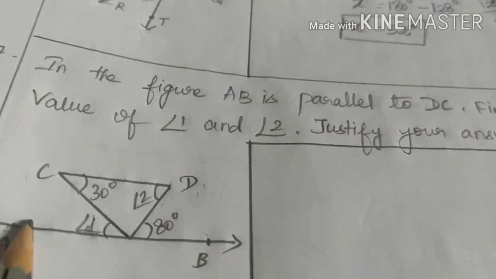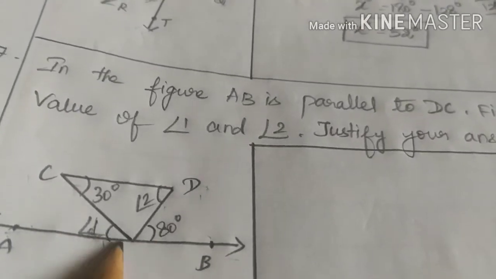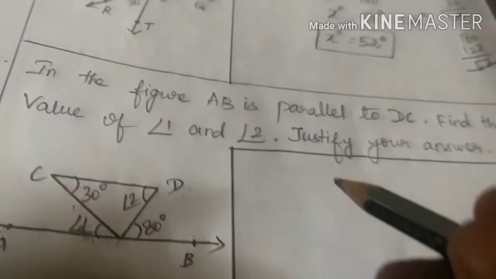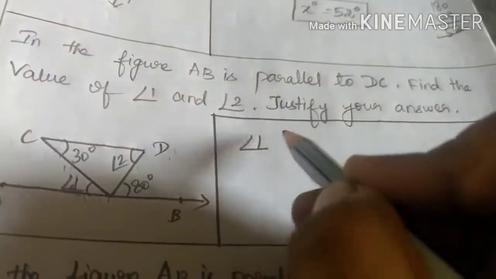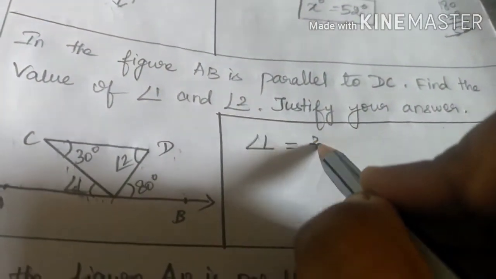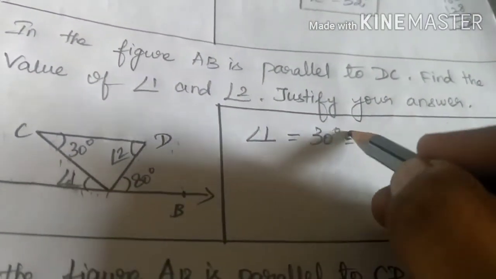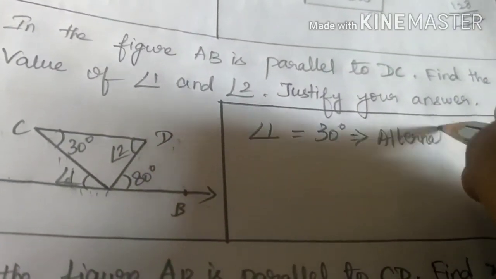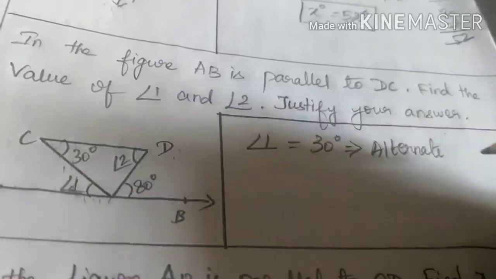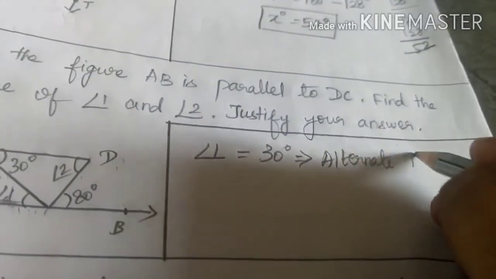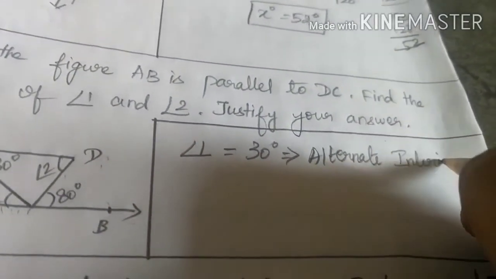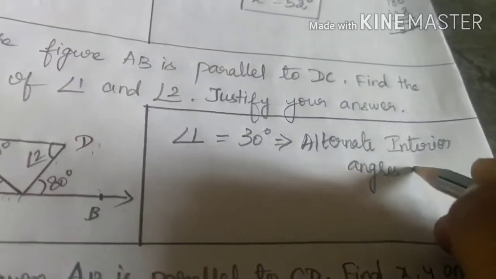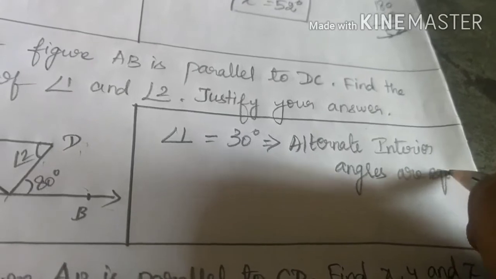is, இது வந்து AB ஓடது angle 1. alternate sideல interiorல எவ்வளோ இருக்கு? 30 degree இருக்கு. So angle 1 equal to 30 degree because it is alternate interior angles are equal.